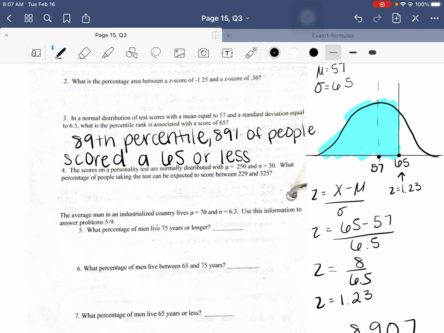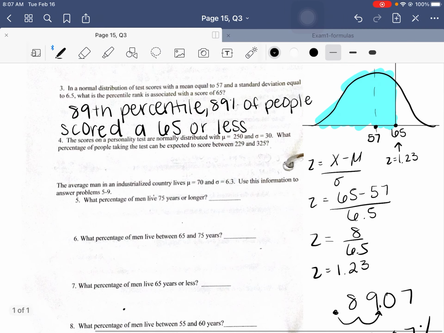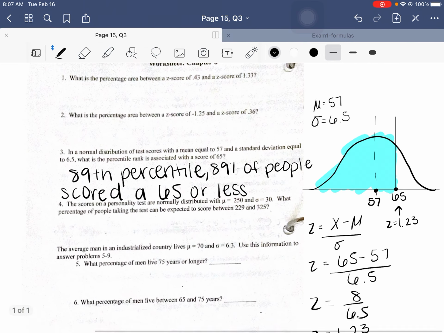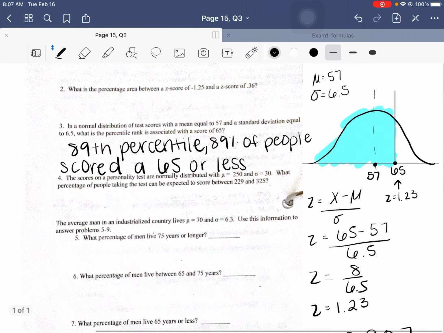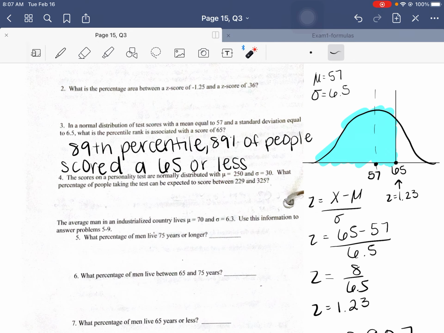So again, what I did is first I drew the distribution. I wrote down our mean and our standard deviation. I marked the mean off on my distribution just because I'm a visual person, and it's easier for me to understand the problem when I can see the visual in front of me.